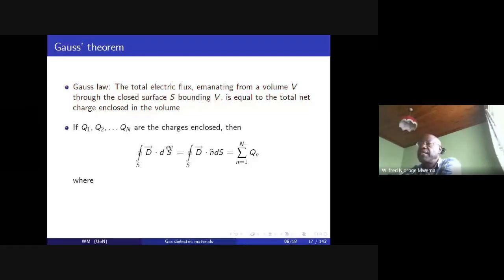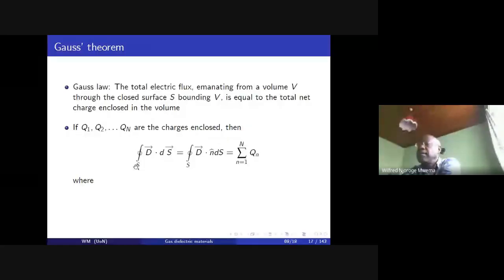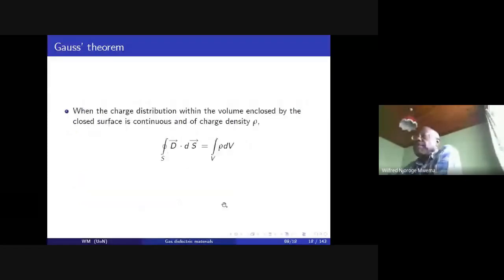And therefore, if we have discrete charges, the integral of the displacement over the surface will be equal to the sum of the charges enclosed. The n cap is, of course, defined as the outward unit normal on S. So D is then the flux crossing S.